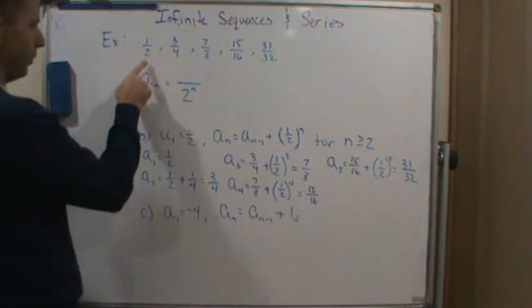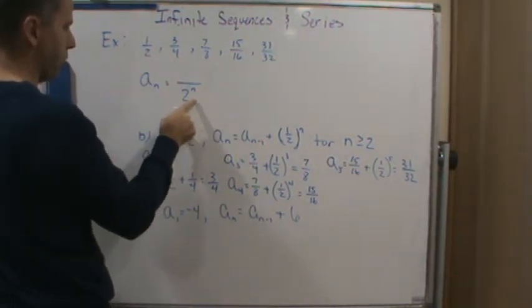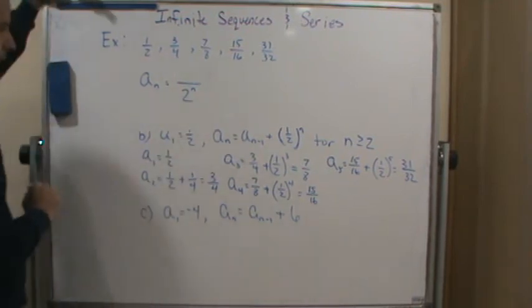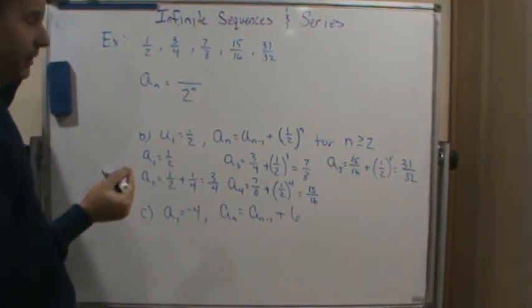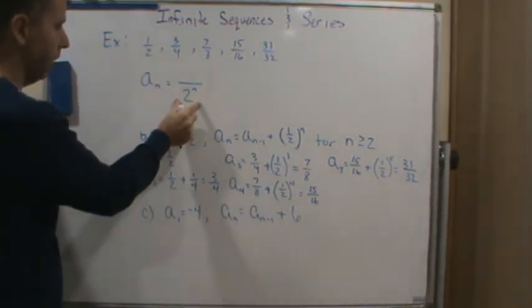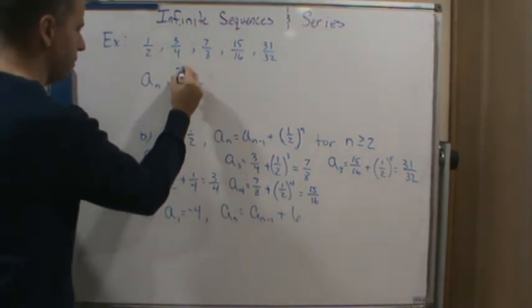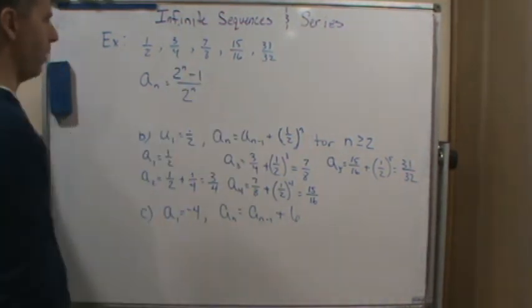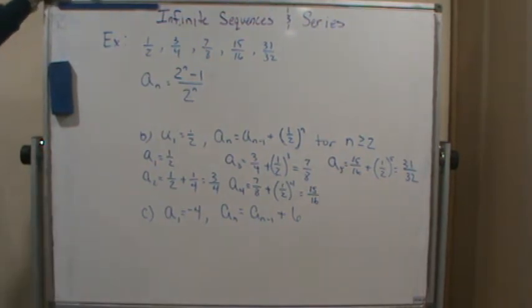That'll take care of the bottom, so when n is 1, we get 2, and then when n is 2, we get 4, and so on. Okay? Now, what about the top? Well, let's use the fact that the top is 1 less than the bottom. Then why don't we just write this as 2 to the n minus 1? And there you go. That's it.